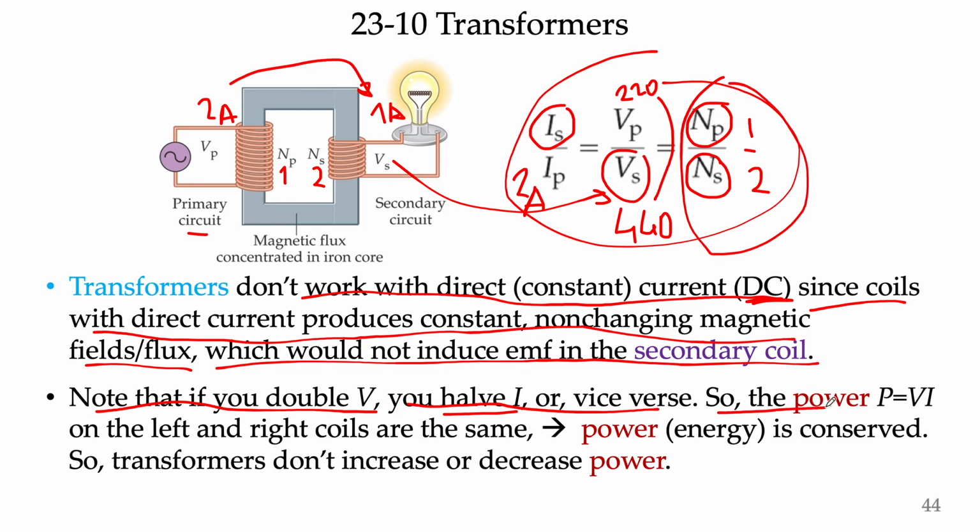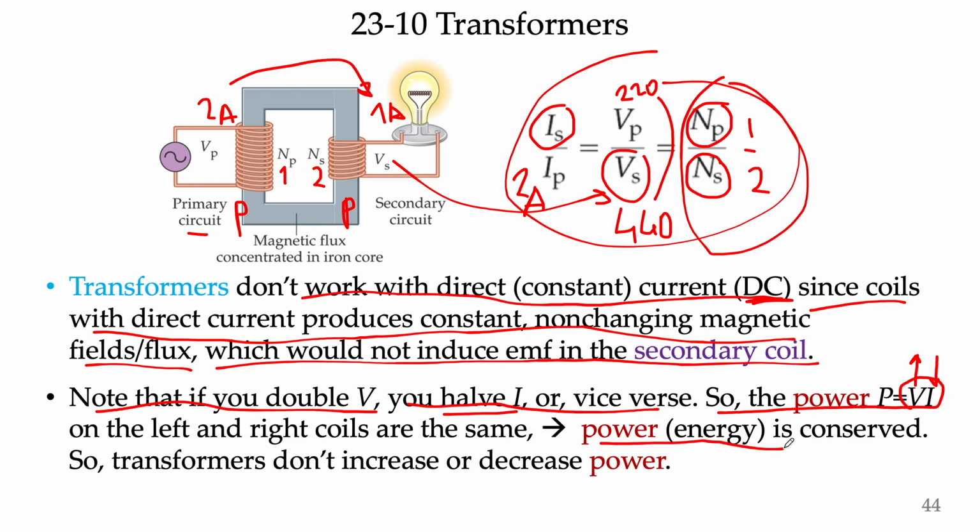So if you think about the power, it's actually V times I, right? V increased by a factor of 2, I decreased by a factor of 2, so the power didn't change. The power in the primary coil and the power in the secondary coil are the same. That makes sense because you cannot create power out of nothing.